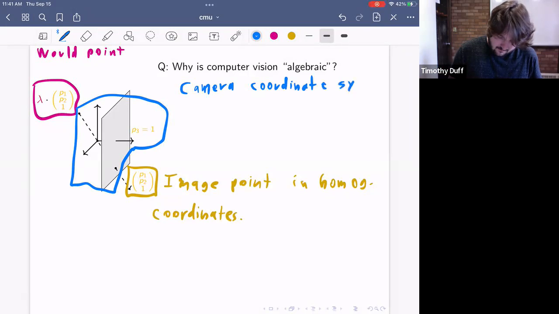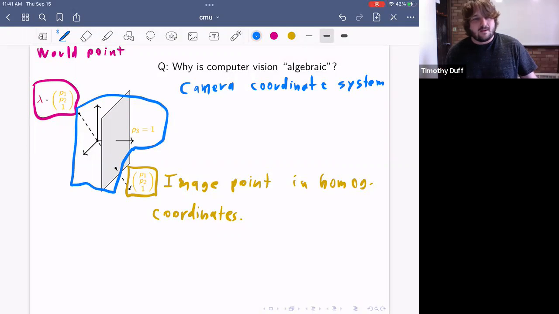So this is a very conveniently chosen coordinate system that allows me to express the world point as a scalar multiple of the image point in homogeneous coordinates.